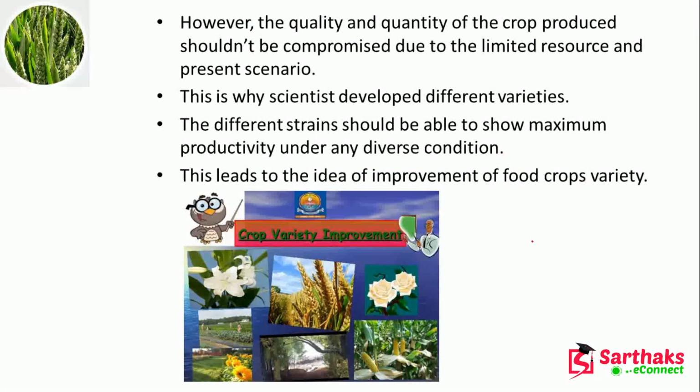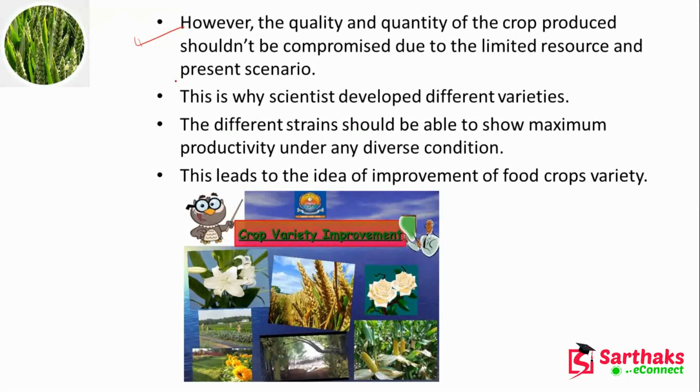Now, however, the quality and quantity of the crop produced should not be compromised due to the limited resources and present scenario. Because if you are cultivating and the quality is not good, it cannot be sold in your area. So it is not required for us.